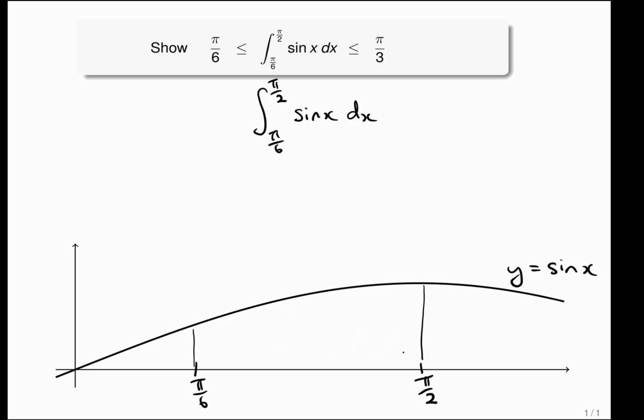From classes, you know that any integral is always bounded above by its upper Riemann sum, which we'll call U.